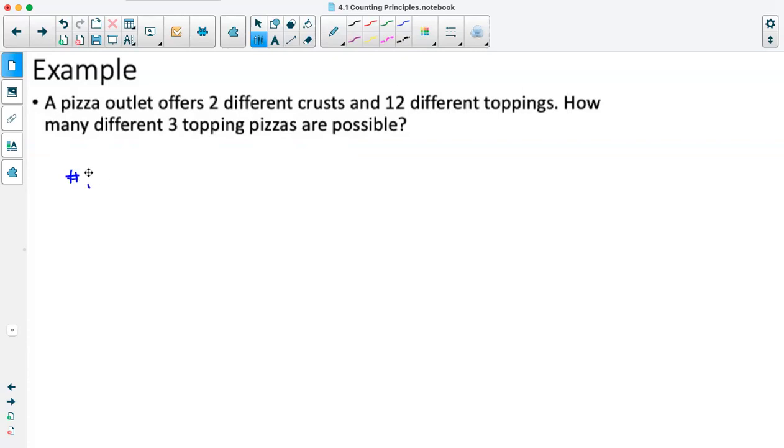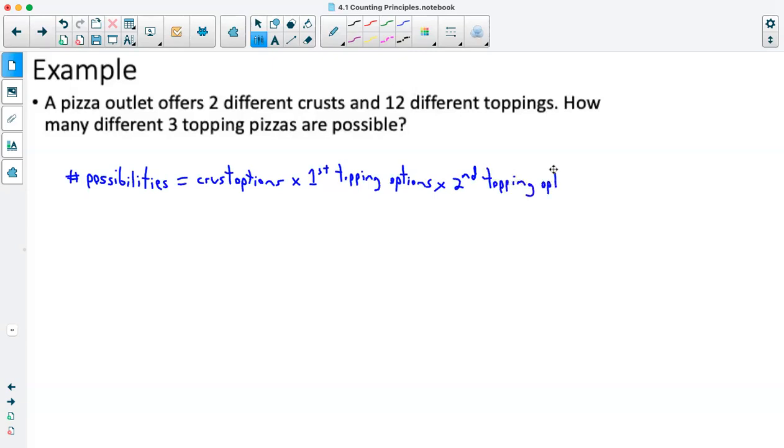Essentially, our number of possibilities is equal to our crust options times our first topping options times our second topping options times our third topping options.